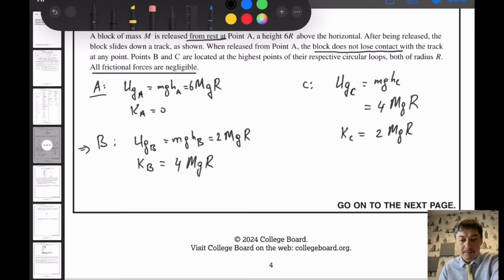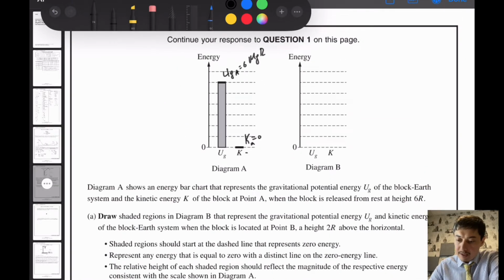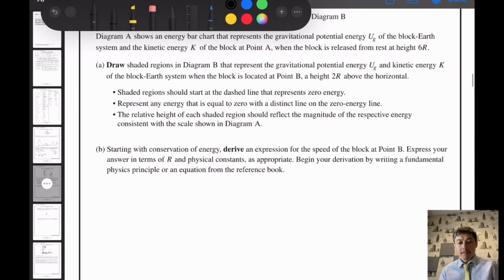Here we can see at point B we have got gravitational potential energy 2 mgr and kinetic energy equal to 4 mgr. So relative heights will be accordingly. Gravitational potential energy 2 mgr, that's why it has got 2 units high, and the kinetic energy 4 mgr, which is 4 units high.